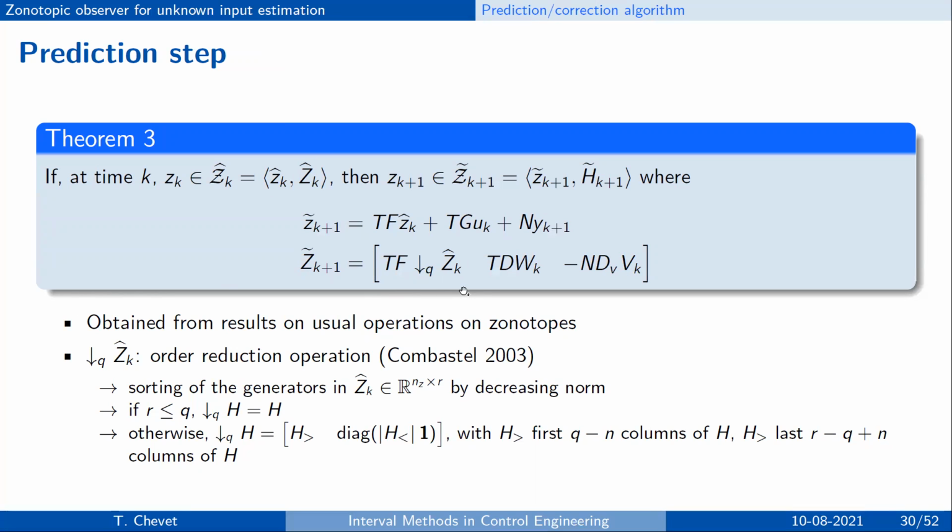And this here is just the order reduction operation introduced by Christophe Combastel, which consists in sorting the generators of this generator matrix by decreasing norm. If the zonotope has fewer generators than the maximum number we want, we don't touch the generator matrix. Otherwise, we keep the first ones and we bound the last ones, the ones with the lowest norm, by a box defined like this.